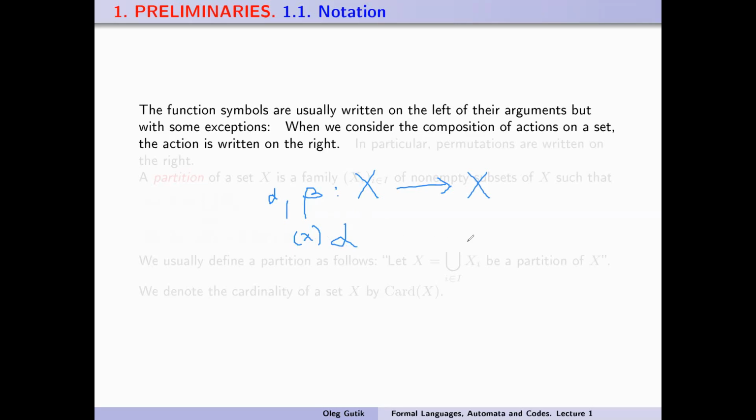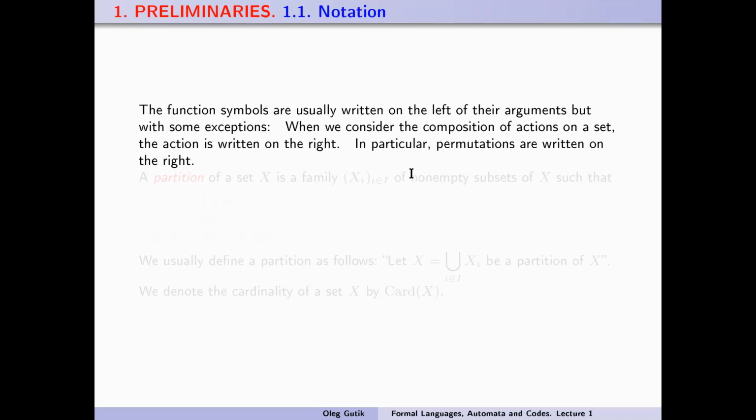Also the composition of such two actions we shall write as alpha composition beta, and the image we shall write as the action of alpha, then the action of beta. In particular, permutations are written on the right.